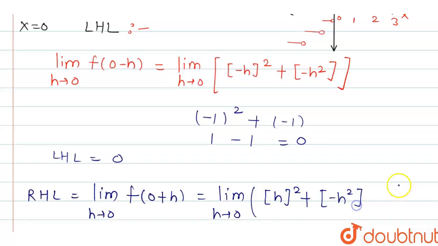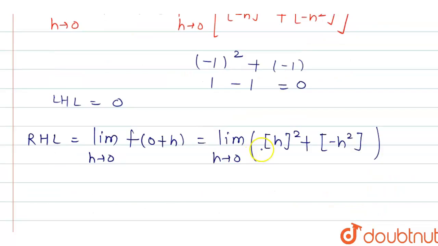As we know, this quantity h is a little bit greater than 0, so this quantity equals 0. And if we take h tending to 0 but a little bit, 0 plus h, this can be written as 0 also. So this equals 0.